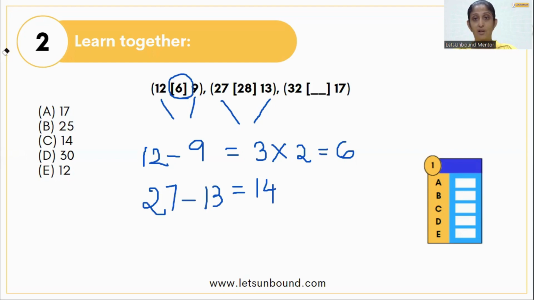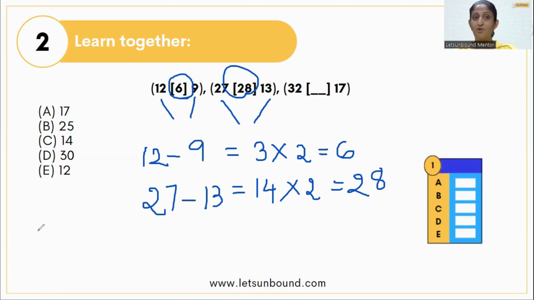Now to this result, if I multiply 2, I get the number 28, which is the number in the bracket. So now we can confirm that what has been done, the two numbers are subtracted first, and then the result which we are getting is getting multiplied by 2.